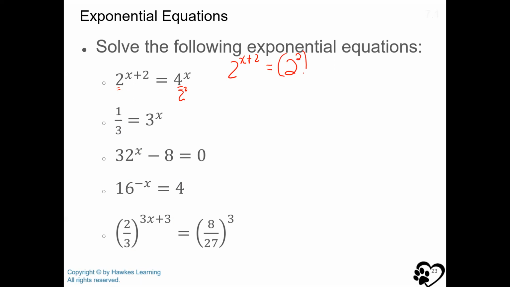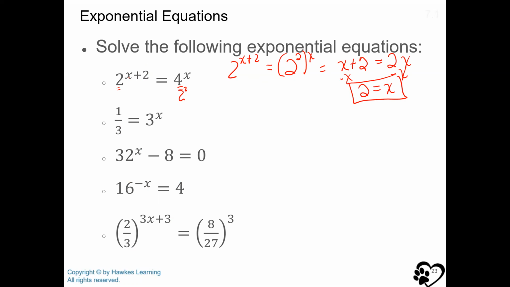That's 4 times x. So those bases are the same. So I'm going to write x plus 2 is equal to 2 times x is 2x. I want to bring my x over. So 2 is equal to 2x minus 1x is 1x. So that's my answer.